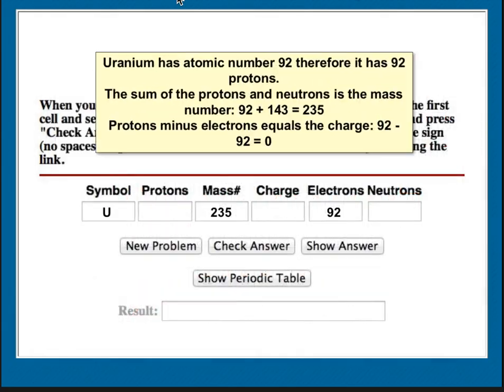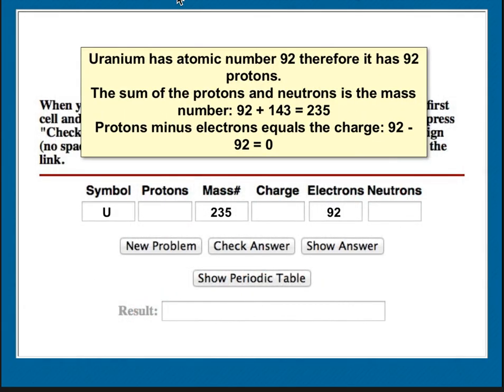All right. Atomic number is 92. We have 92 protons. If our mass number is 235, uranium-235 is the isotope that's used to make bombs. It's the fissile isotope. So 235 minus 92 is what?